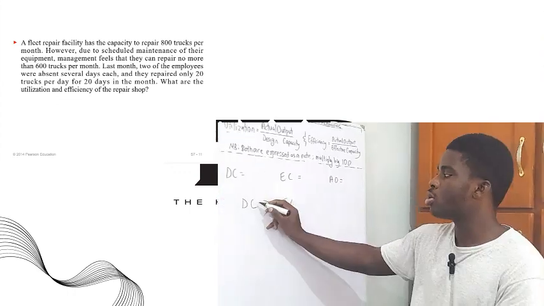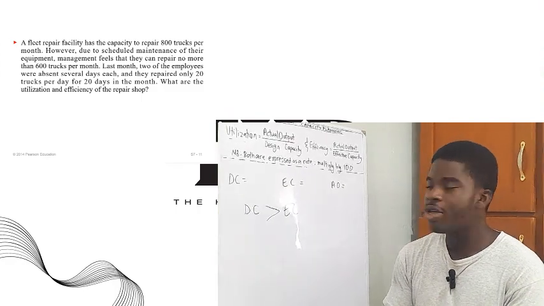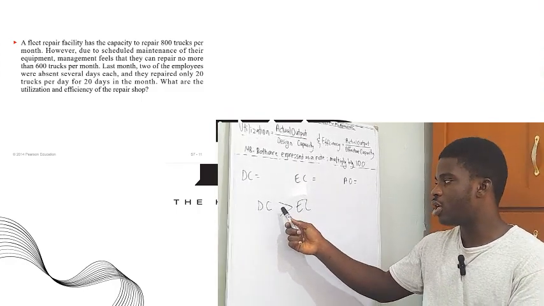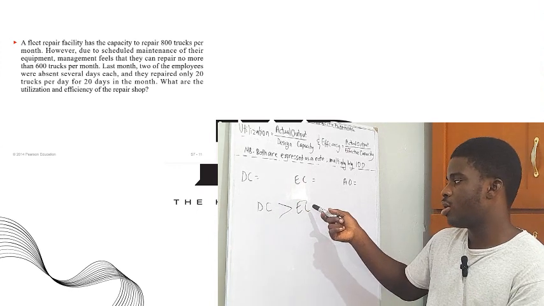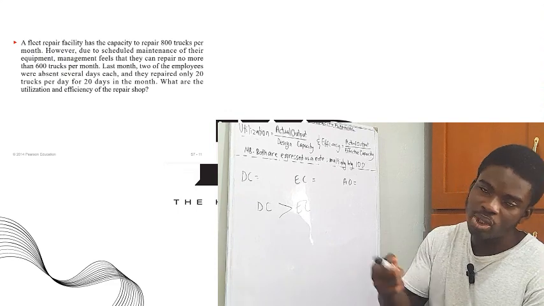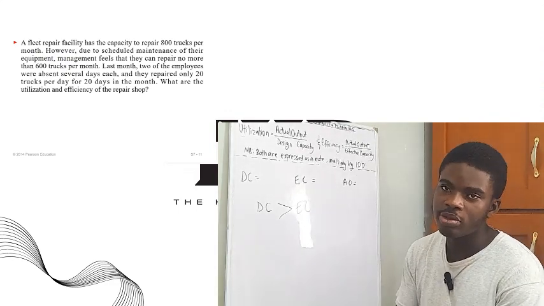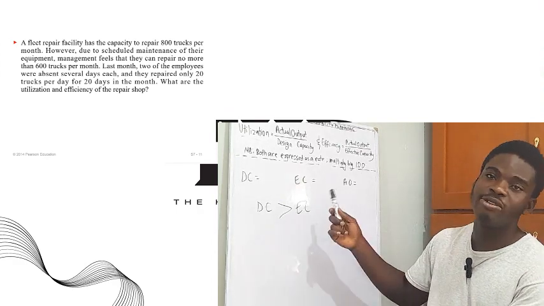Most of the time, not every time. If the design capacity would be lesser than the effective capacity, you'll be able to tell from the question. But in normal circumstances, the design capacity is greater than the effective capacity.